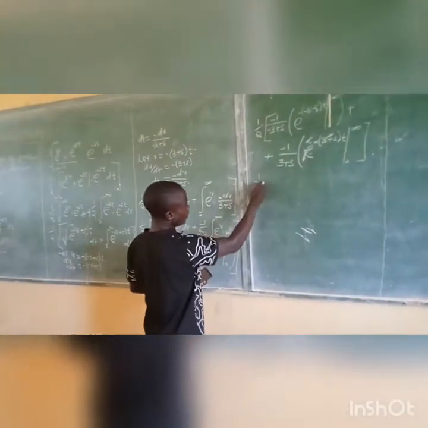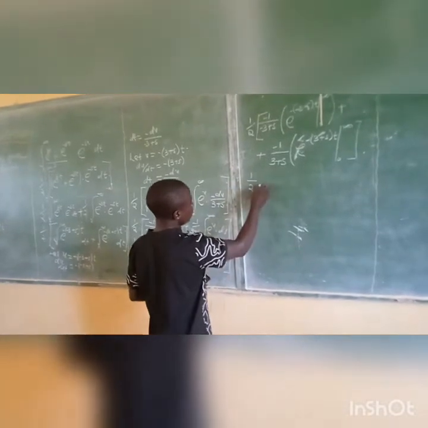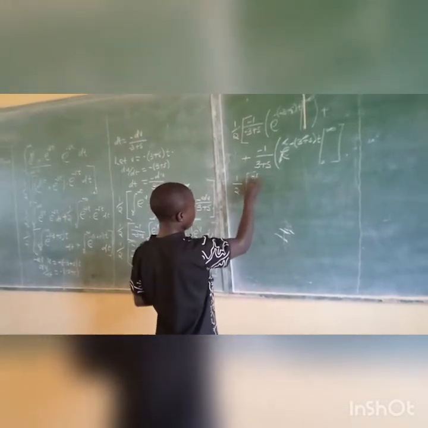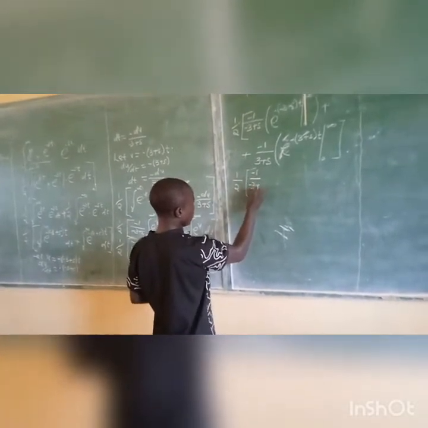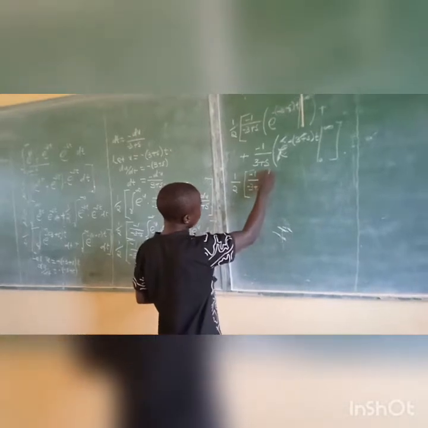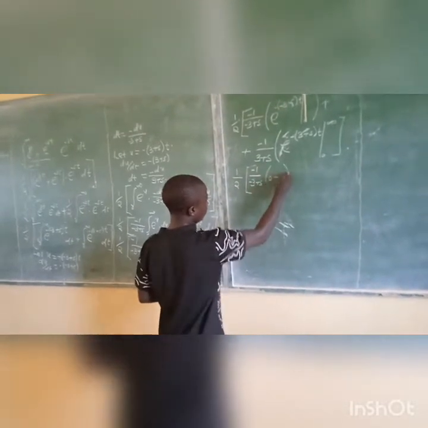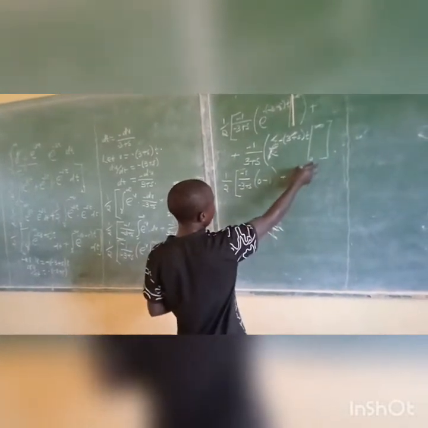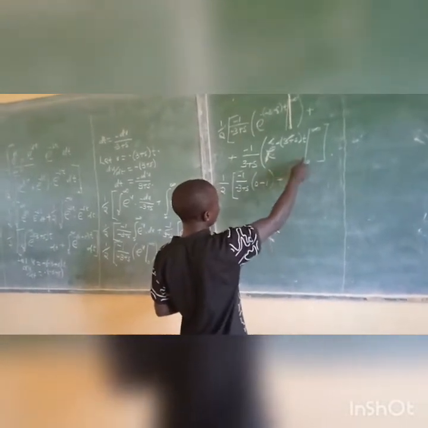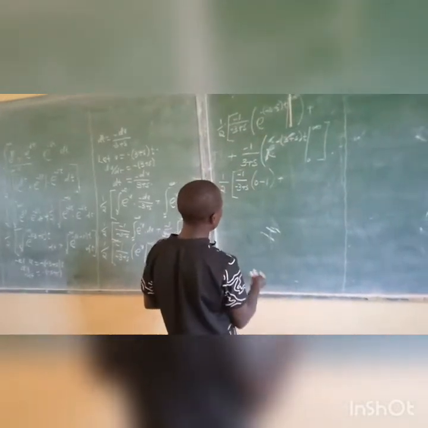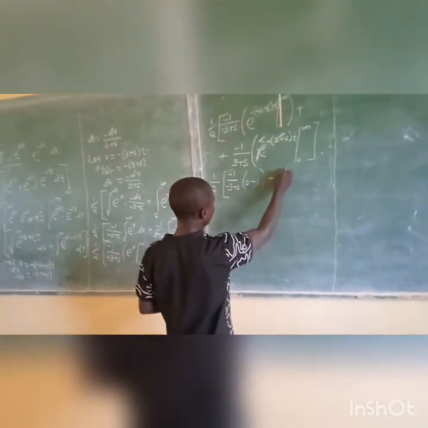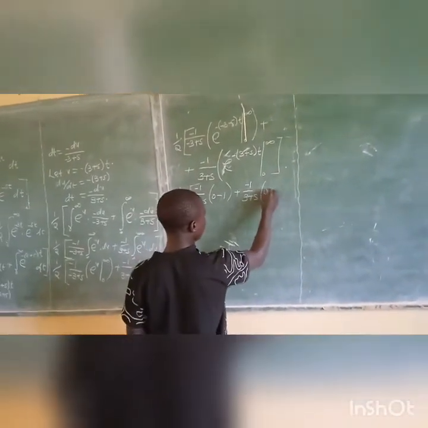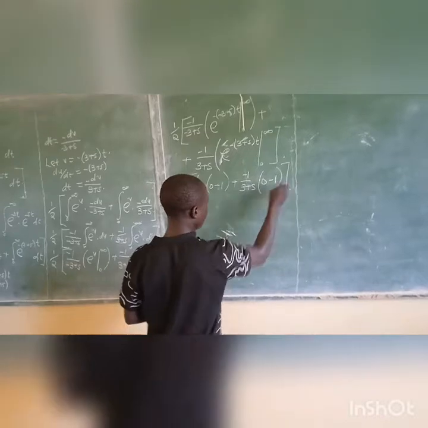So it is a half into negative 1 over negative 3 plus s into 0 minus 1, then plus negative 1 over 3 plus s into 0 minus 1, because you are inserting the limits 0 and infinity.